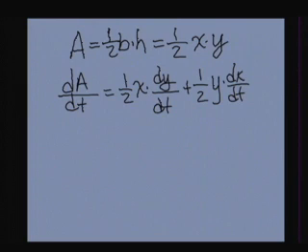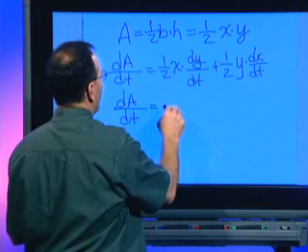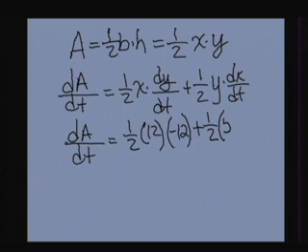And now we have all of this information. So dA/dt is going to be equal to 1/2. x at this point was equal to 12, so x is the distance, that's 12. dy/dt, we just calculated in part A. That's negative 12. That's how fast the ladder is sliding down the wall, plus 1/2 of y, and we calculated y to be 5.